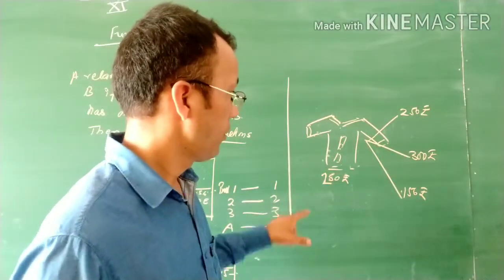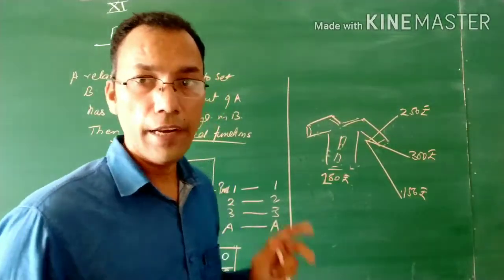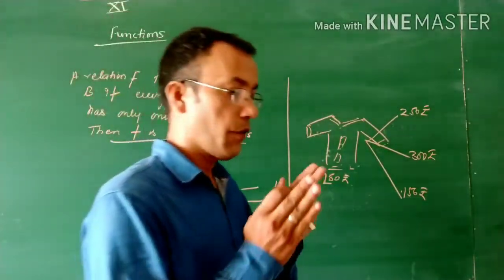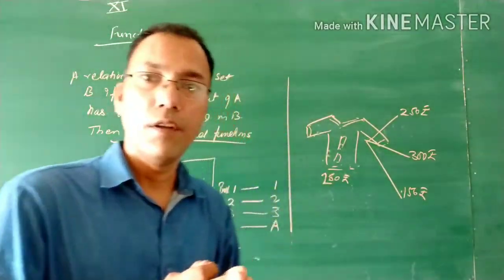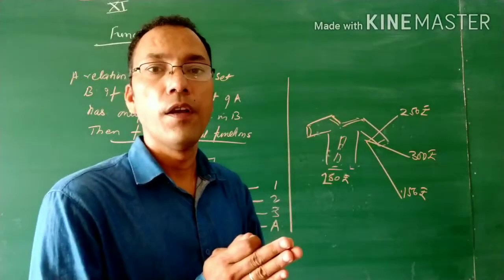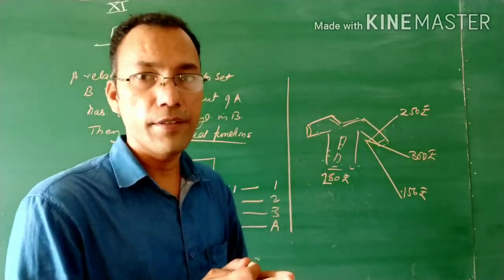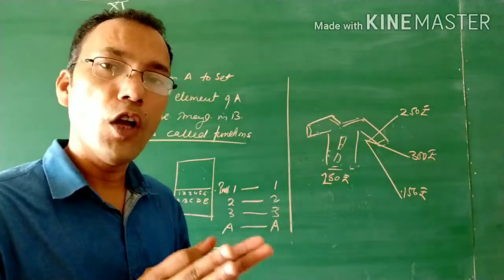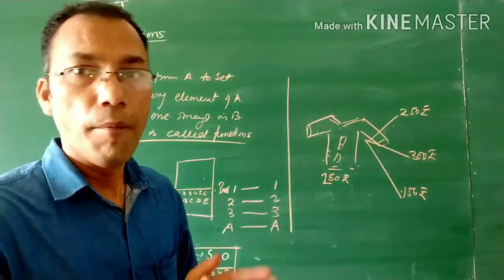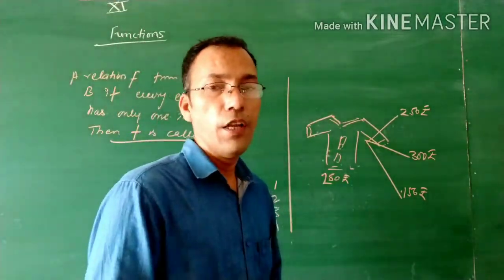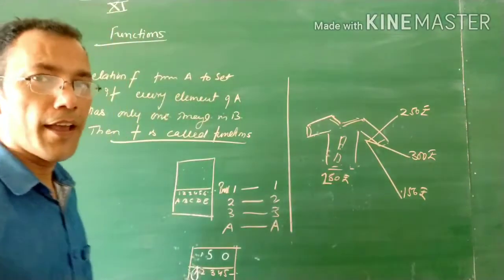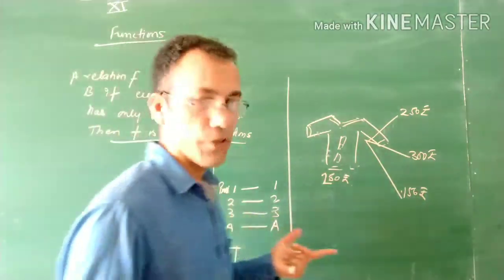Now this is what is called a function. That means one object has one and only one image, but more than one object can have the same image.